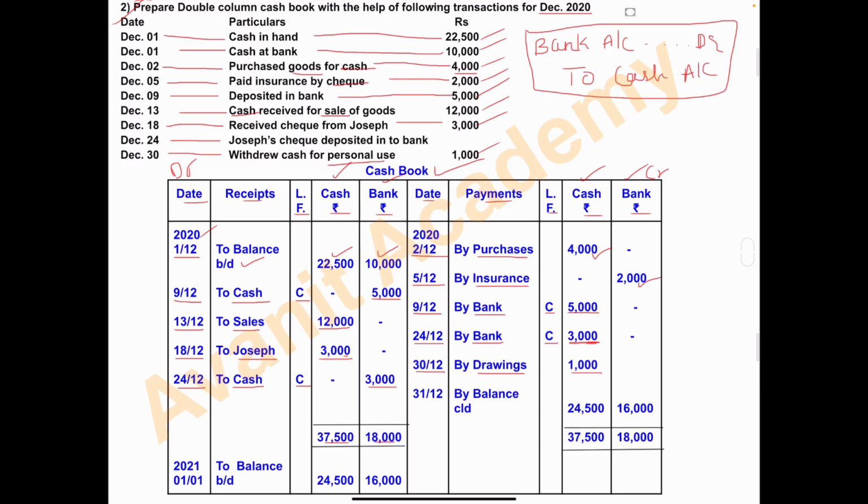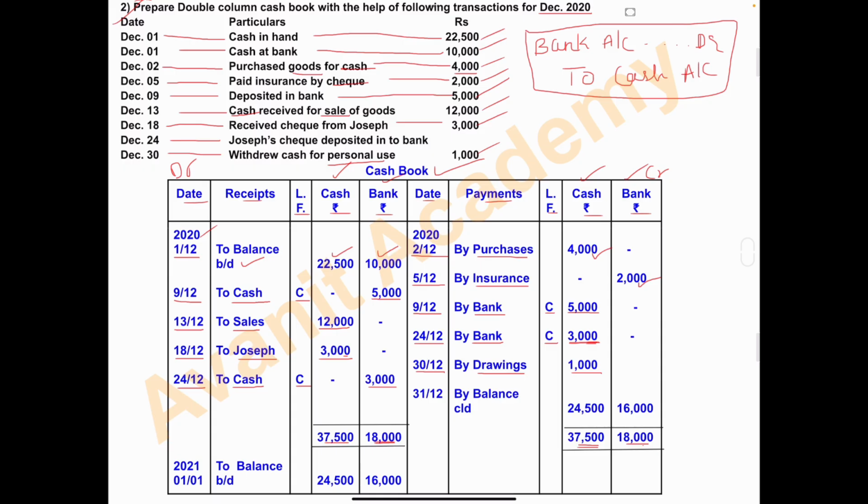Total is 18,000. So on the debit side, the cash column total is 37,500 and the bank column total is 18,000. Write this total on the credit side. Cash column, write the same total 37,500, and bank column, the same, 18,000.